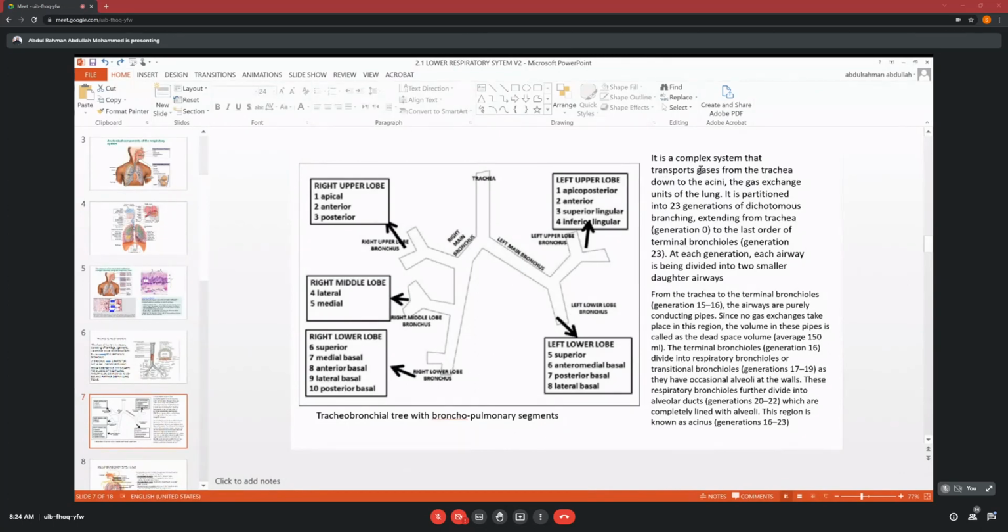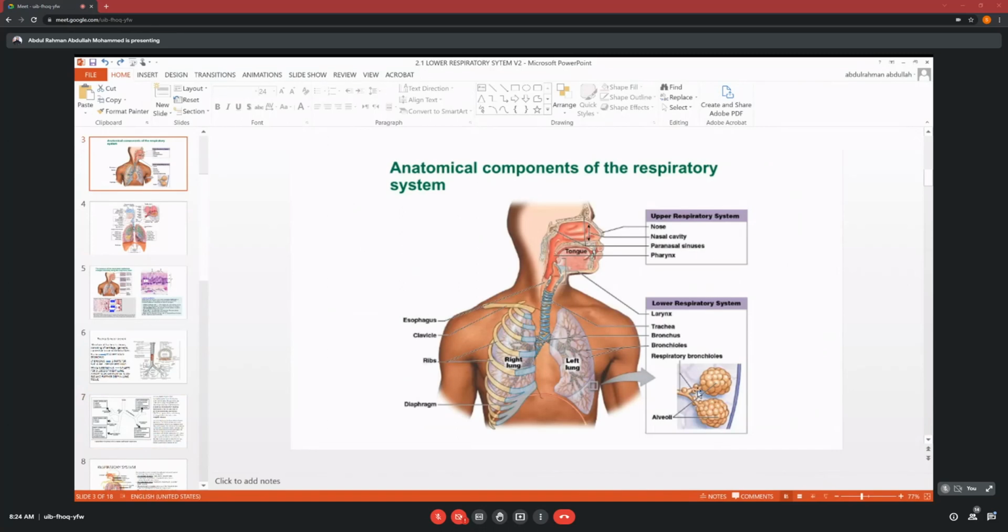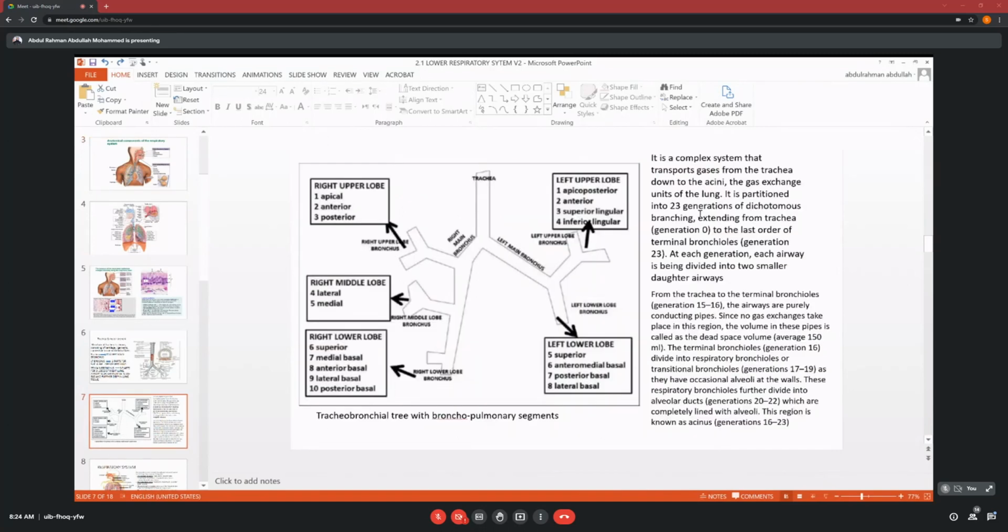This complex system of bronchioles transports gas from the trachea downward to the acini. The alveoli are sac-like structures, so they are called acinus. This is where gas exchange takes place.